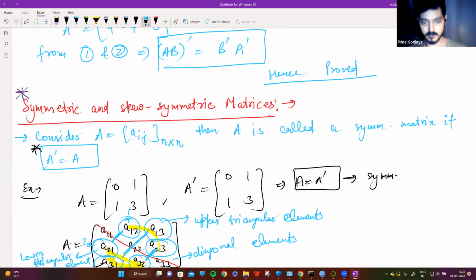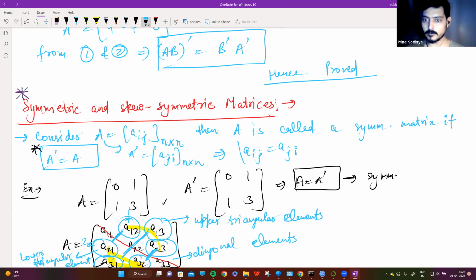So in case of a symmetric matrix, your A dash becomes A. And now what is A dash? If A is Aij, n cross n, then A dash will be Aji, n cross n. And if A is equal to A dash, in that case Aij is equal to Aji.